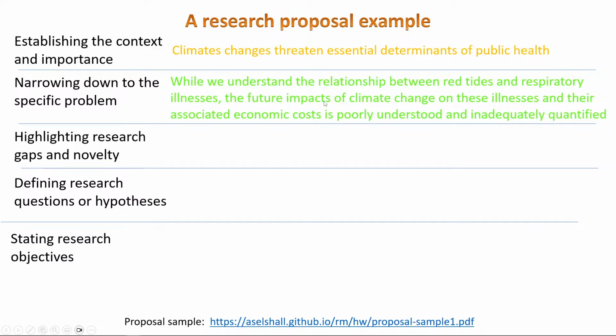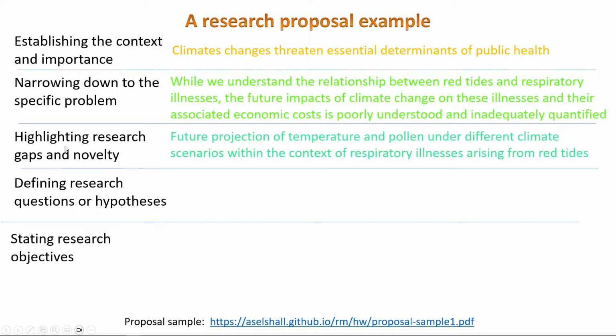So this highlights the research gap and novelty. We just did it. We already stated here the future projection of temperature and pollen under different climate scenarios within the context of respiratory illness arising from red tide. No one has done this before.